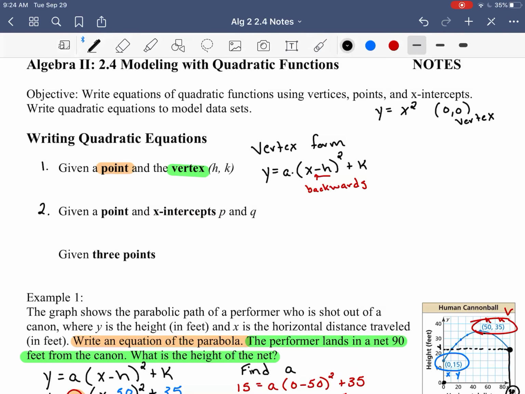So we're going to use what we call intercept form, which is y equals a times x minus p times x minus q, where p and q are those intercepts. Again, remember this is all multiplied. So this is intercept form.